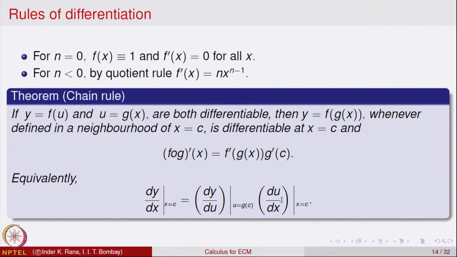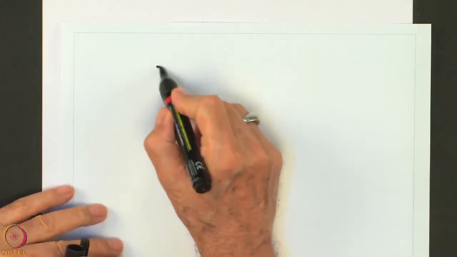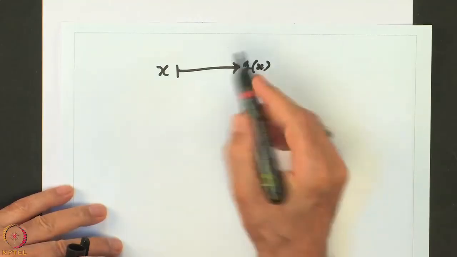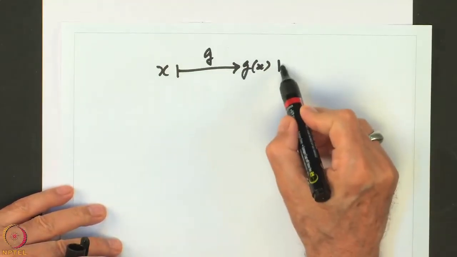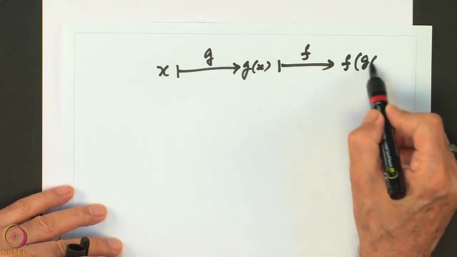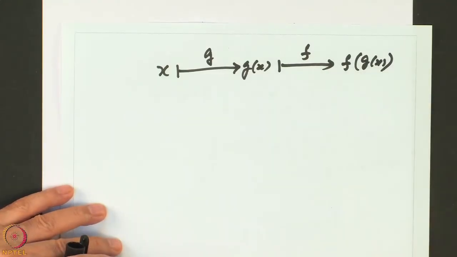So, let me explain in a slightly more elaborate way what the chain rule means. Basically, you have a point x and that goes into a point g(x). This is the function g, and this, by a function f, goes to a value f(g(x)).